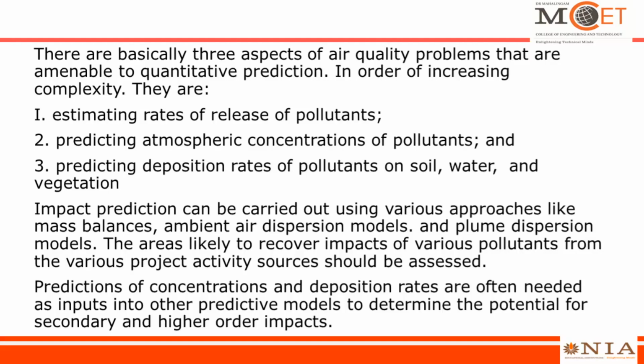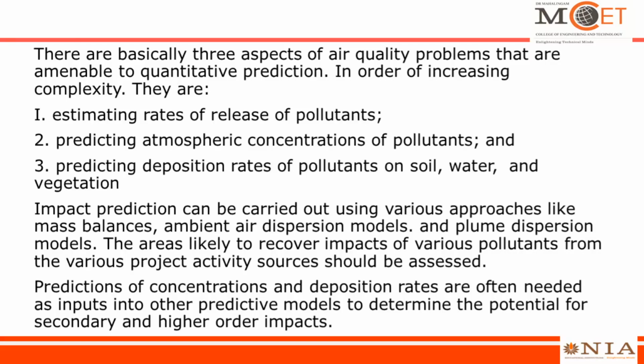So first one is the rate of release. Second one, predicting the concentration of pollutants in the atmosphere. Third one is the deposition rate of these pollutants on things like soil, water, vegetation. So impact prediction can be carried out using various approaches like mass balances, ambient air dispersion models, and plume dispersion models.